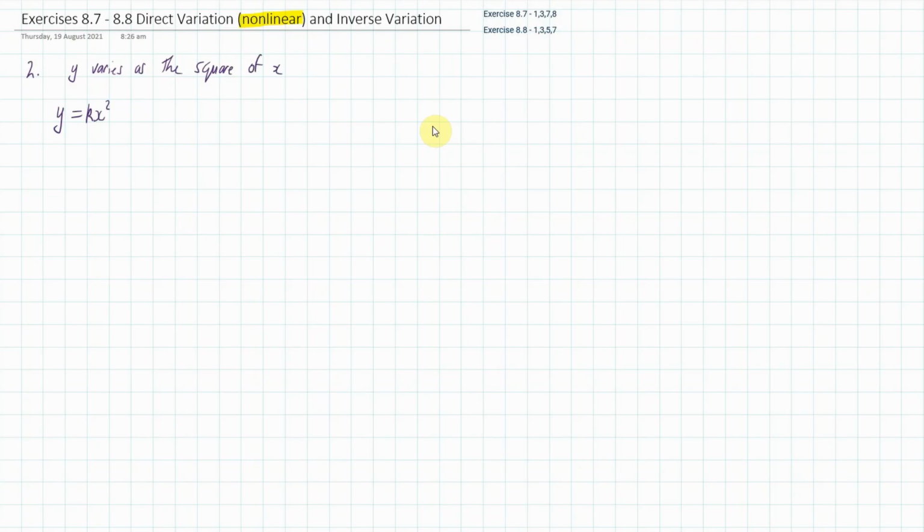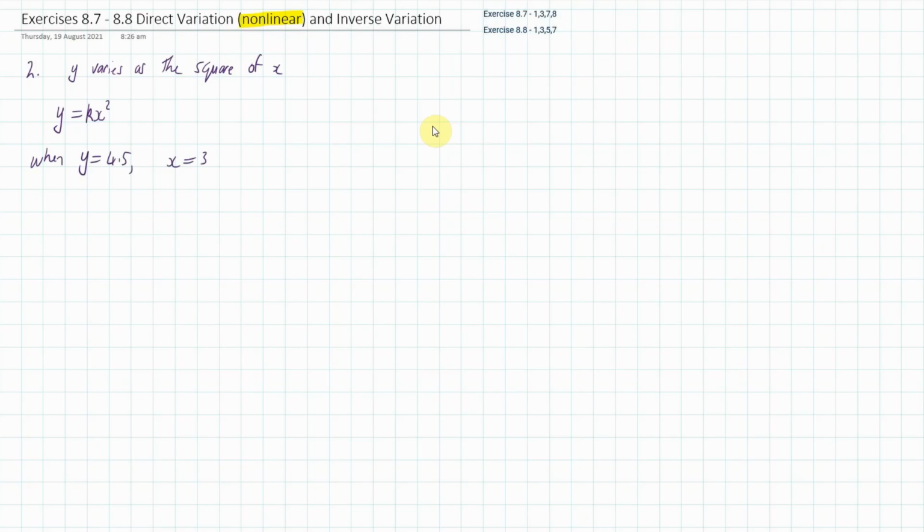It's not going to be linear, of course, because this is a quadratic. The information that we've got is when y equals 4.5, x equals 3.